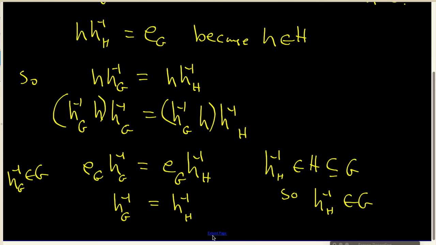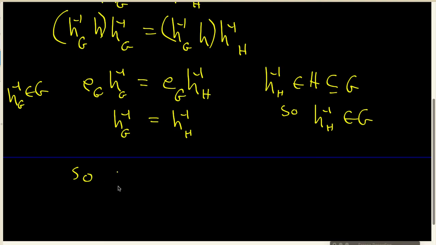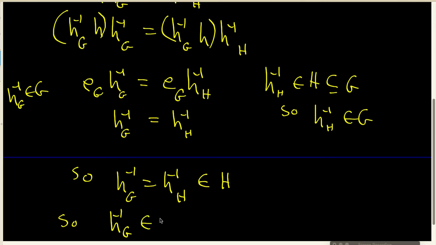And what that means is that the inverse of h inside group G is equal to the inverse of h inside group H, which is known to be inside H, and so the inverse of h inside group G does indeed belong to H.